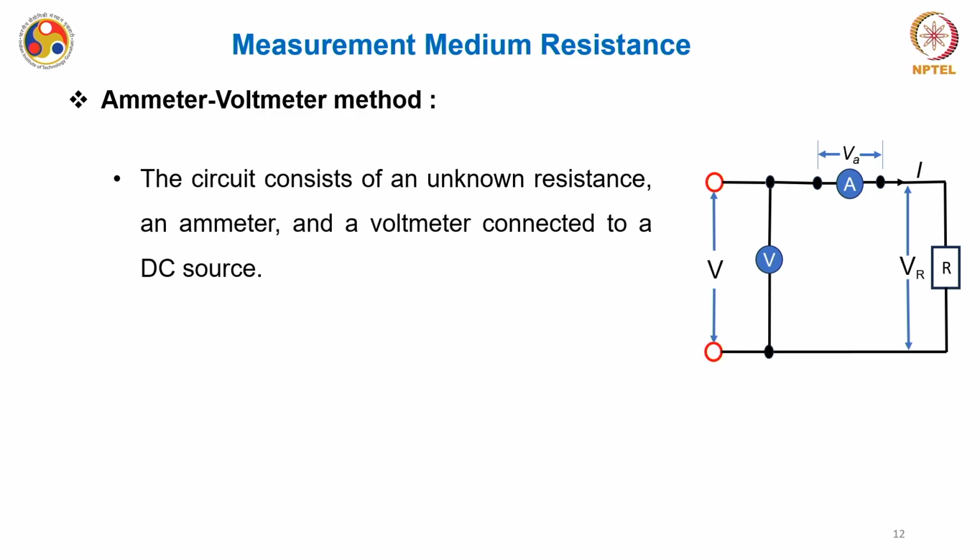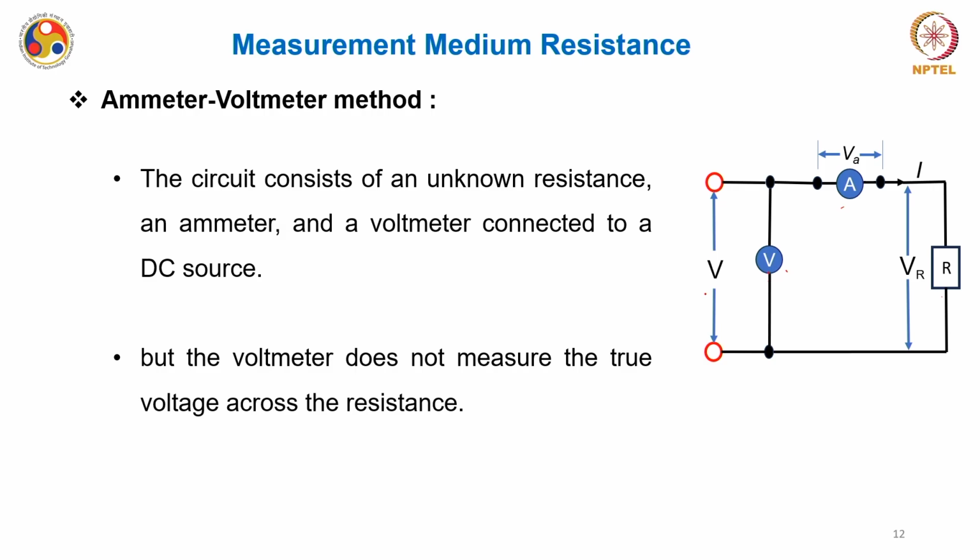So, now consider this first condition when you have the ammeter connected in series with this resistor and you have this voltmeter connected. The circuit consists of an unknown resistor, an ammeter and a voltmeter connected to a DC source, and say this is the DC source.